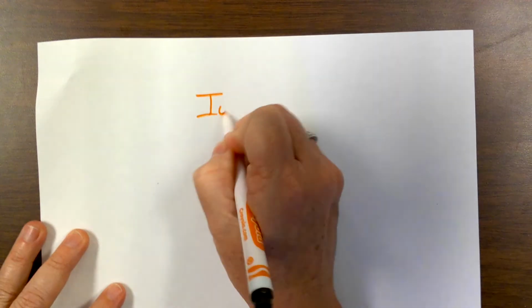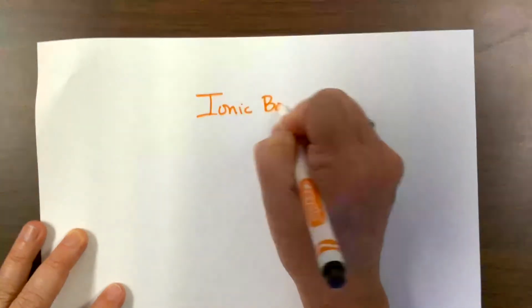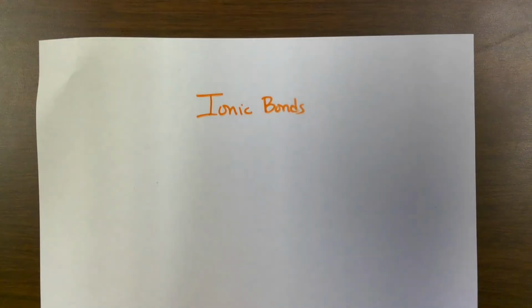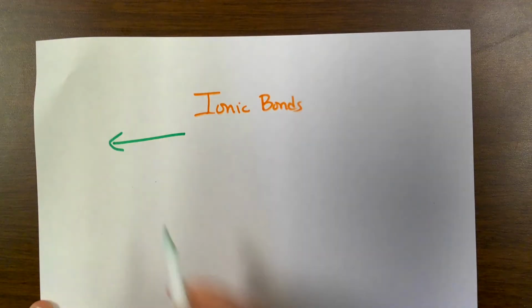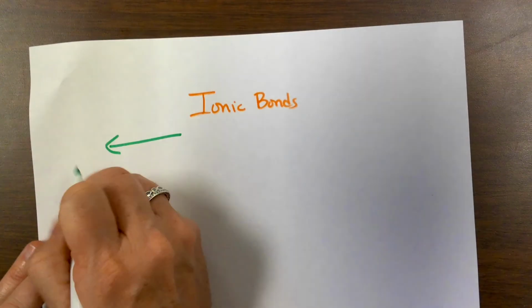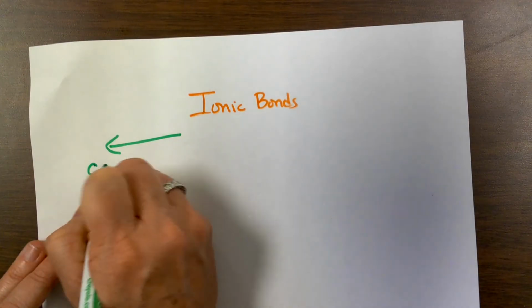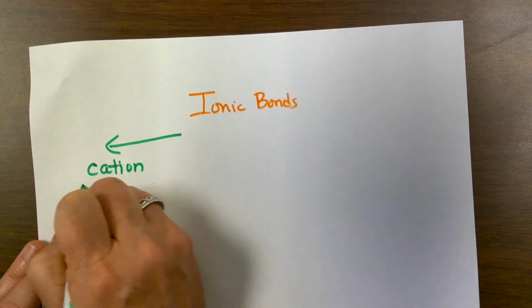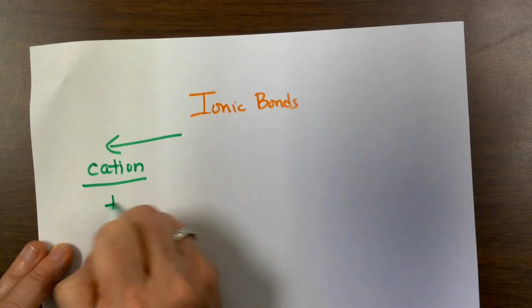these are called ionic bonds. And the reason they're called ionic bonds is because everything on the left-hand side of your periodic table is usually called a cation, okay? And they're called cations because they're positive.